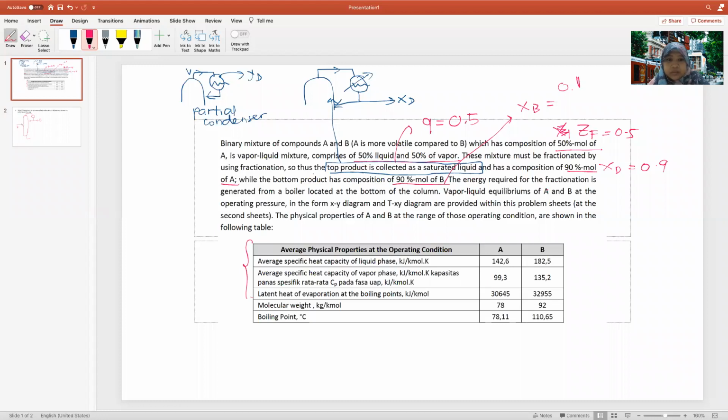No. The energy required for fractionation is generated from a boiler located at the bottom of the column. We don't have any information about the reboiler, so if there is no other information here, we will just assume the most likely one is a partial reboiler.